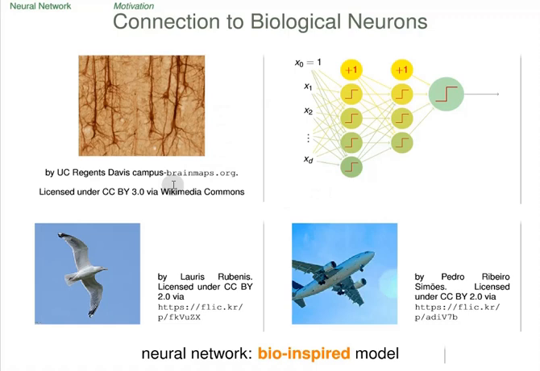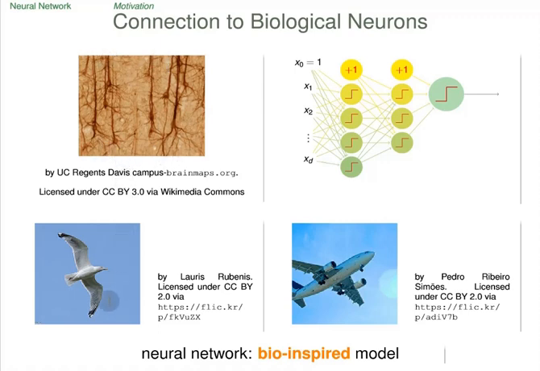The biological paradigm is often criticized as a very inexact model. The functions computed in a neural network, then, are very different from those, for instance, in the brain. Okay? However, we still don't know in detail how the brain works.